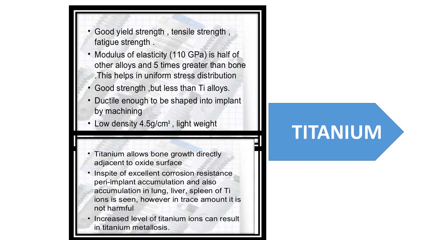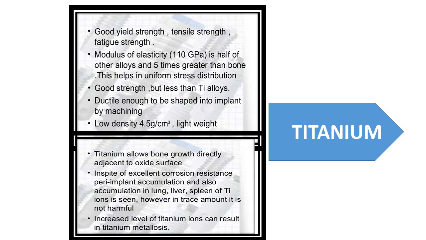It is ductile, so it can be shaped into any desired shape for implants by machining. And the best part is that it has low density, it is highly lightweight, which makes it very comfortable for the patient. The other property is that it can osteointegrate or grow directly within the bone.